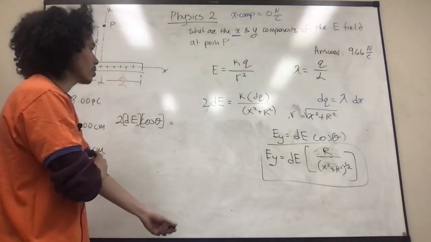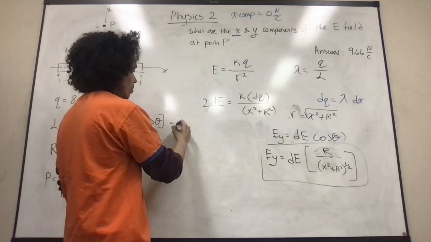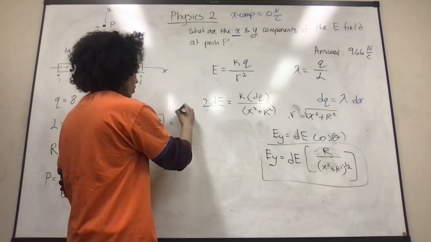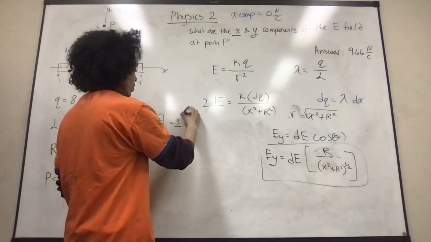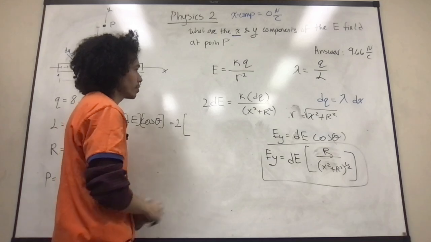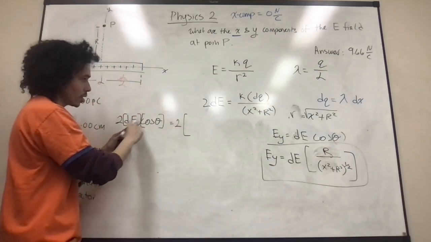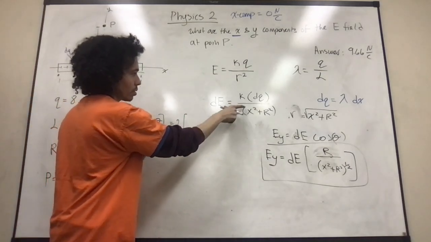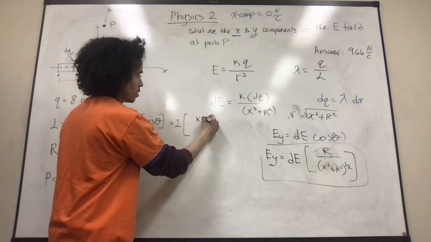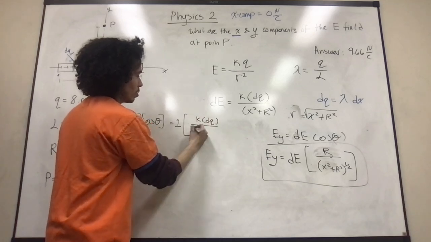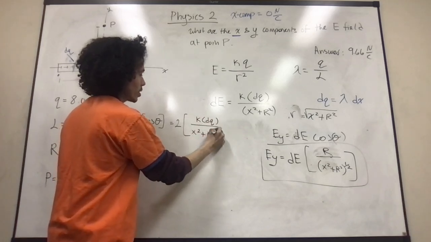Okay, so now we have two things. We have 2, we have our dE, which is right there: dq over x squared plus r squared.